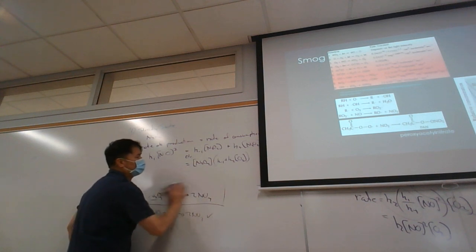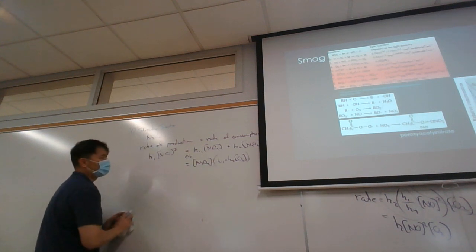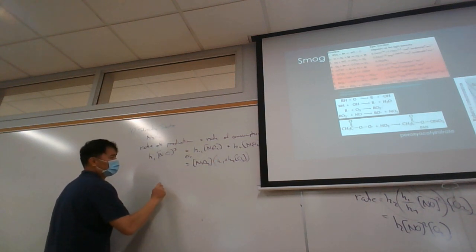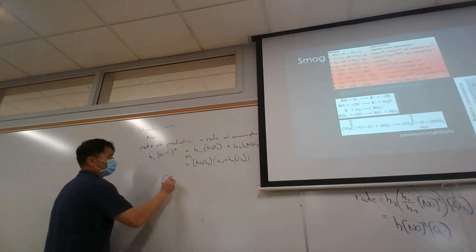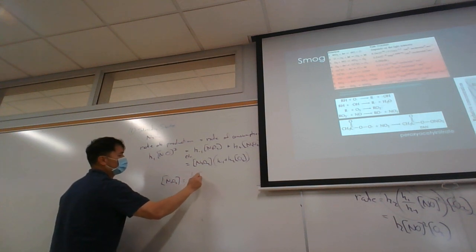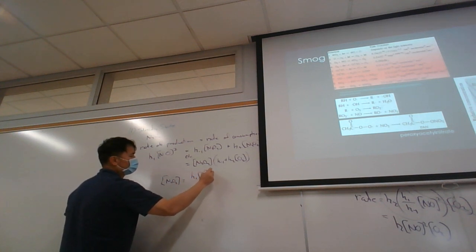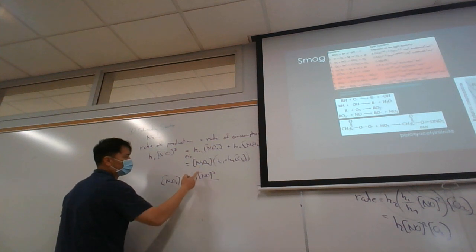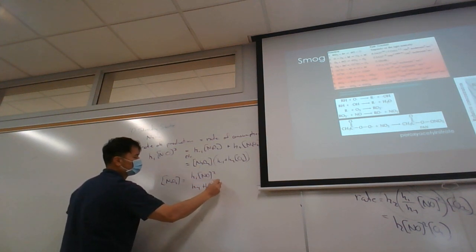And then dividing by K minus 1 plus K2 O2, so this is going to equal K1 NO squared over K minus 1 plus K2 O2.